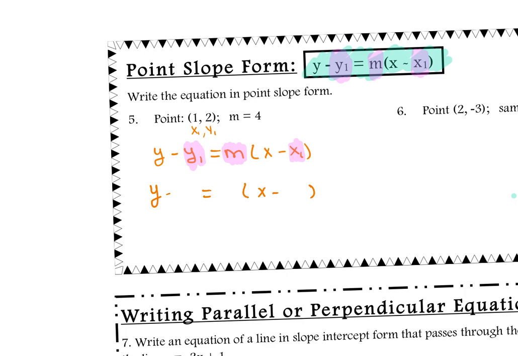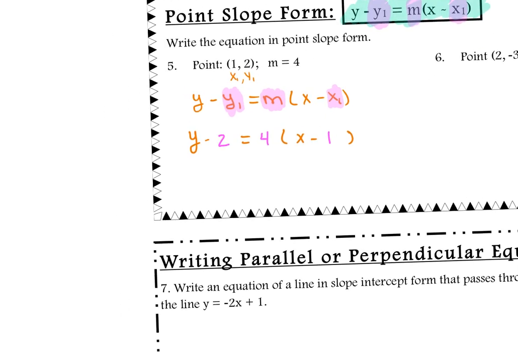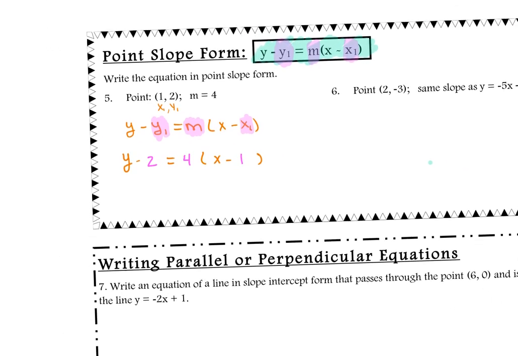And so then now from the information that's given above, I can go ahead and pull out my different things. I know that y1 is going to be a 2. I know that my m is 4. And my x1 is going to be a 1. And so then at this point, y'all, you may have to solve for y using distributive property and then carrying the 2 over. And I will do that really quickly for y'all just so y'all have an example in your notes.